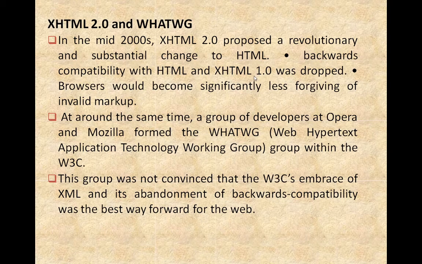But after writing the code in XHTML 1.0, if you get it back to HTML, that backward compatibility was not allowed. If you come back from XHTML 1.0 to HTML, it used to show some errors. So backward compatibility was not allowed in XHTML 2.0.